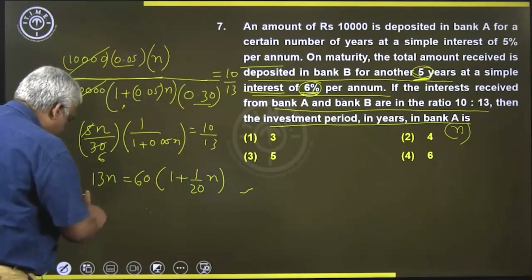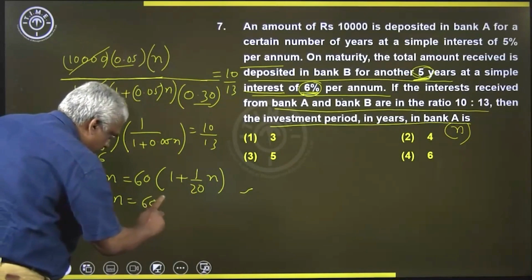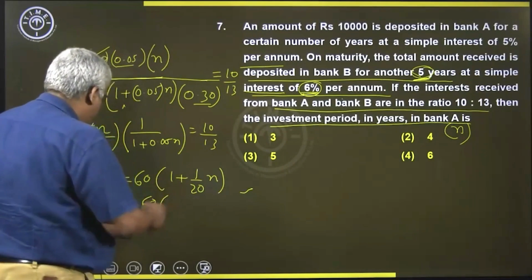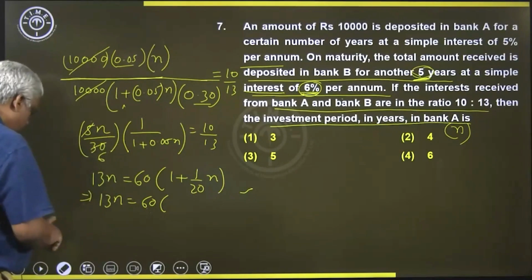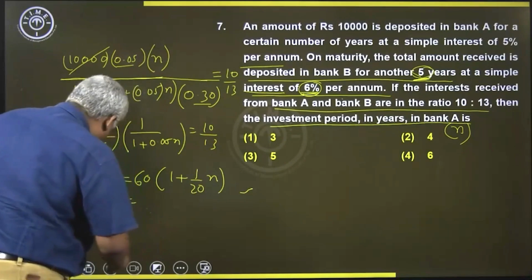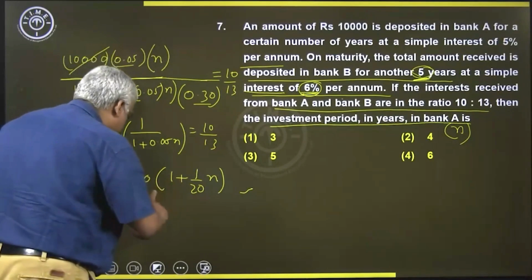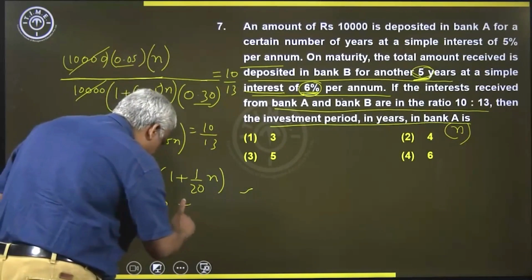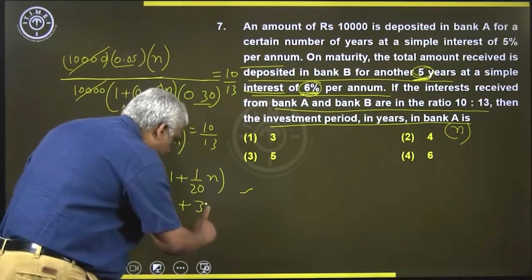If I open the bracket, 13n equals 60 plus 60 into 1 by 20n, which is 3n.